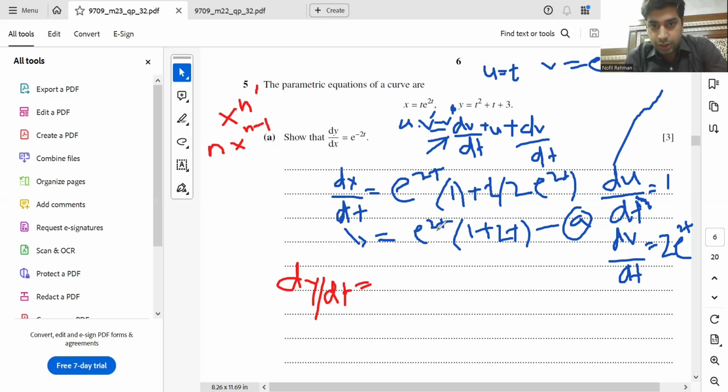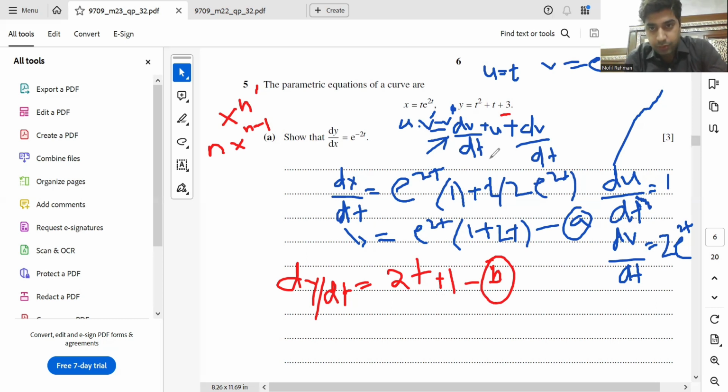So t square would become 2t, and plus t would become 1, while the derivative of a constant, which is 3, will be equal to 0. So this is our equation B. This was a rather simple derivation.